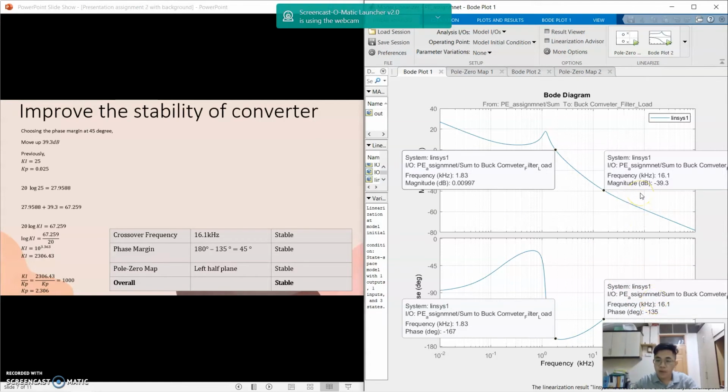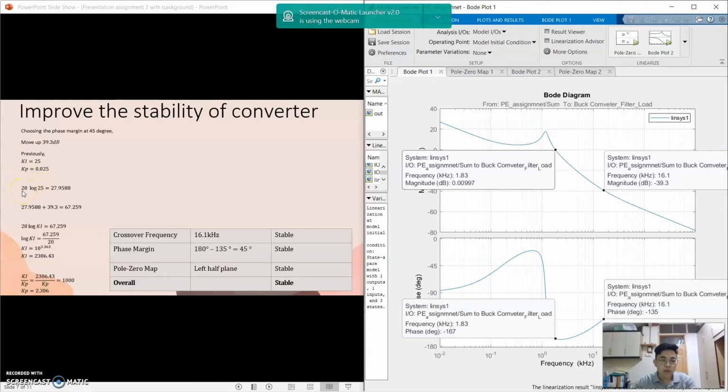At the magnitude diagram, at 16.1 kilohertz frequency, we will get 39.3 dB. By doing the calculation, we need to move up to 30.3 dB. So this is the previous Ki and Kp. We will need to get the value first.